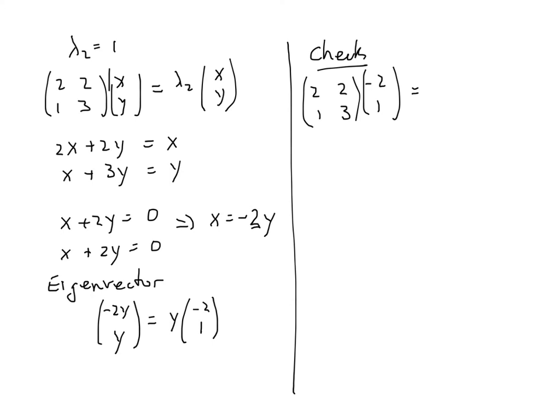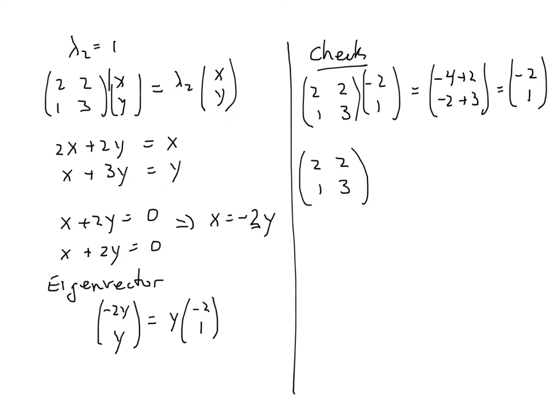And sure enough, I get a minus 4 plus a 2, which is a negative 2. And I get a minus 2 plus a 3, which is a 1. So sure enough, that's true. And just one more thing, let's just try something else that lies in this direction. So let's go with positive 4, negative 2.